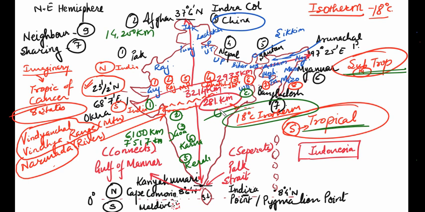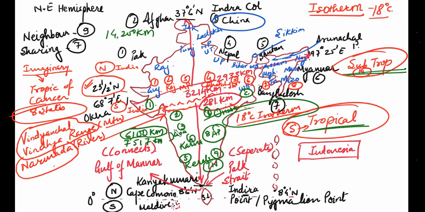Then Orissa, 7 number. Then Andhra Pradesh, and this one here, Tamil Nadu. So total 9 states. Andhra Pradesh is the 8th one. Tamil Nadu is the 9th one. So 9 states have coastline of near about 6100 kilometer.